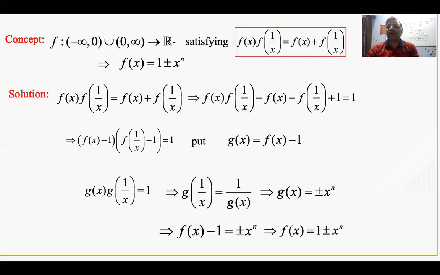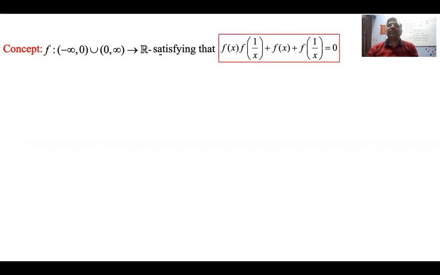Then you see the next concept. The second concept is that same setting, from non-zero reals to real numbers, satisfying f of x into f of 1 by x plus f of x plus f of 1 by x is equal to 0. In the previous concept, these last two terms were on the right side. Now here all the terms are on the left side only.